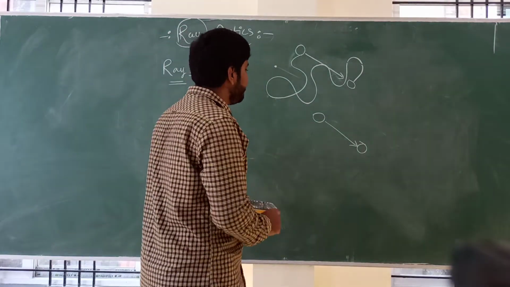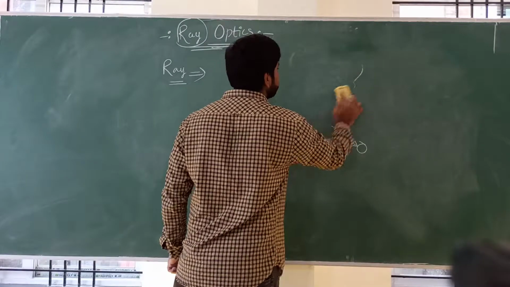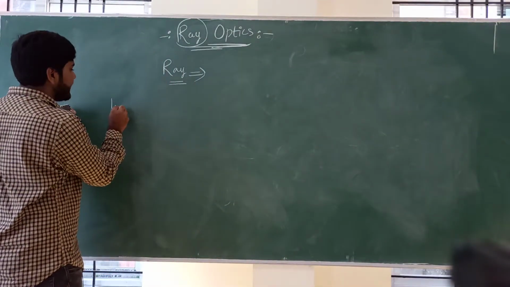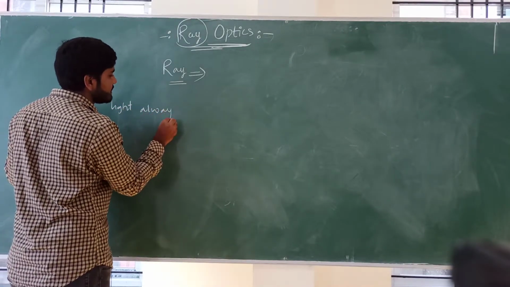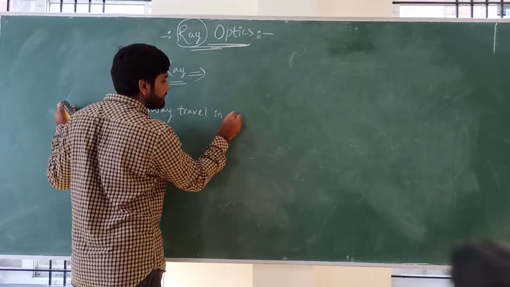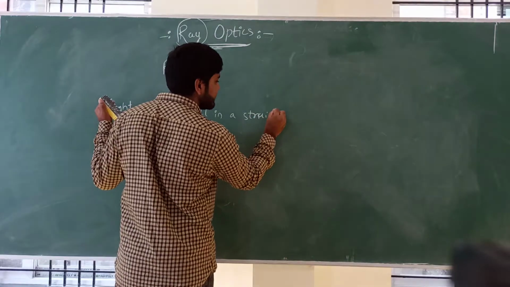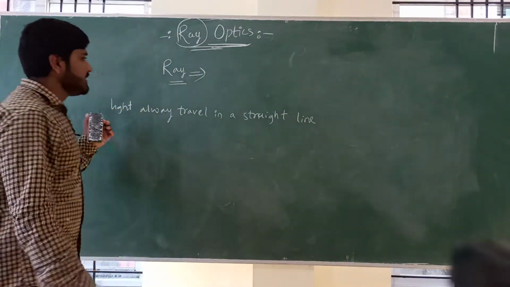So therefore we know light always travels in a straight line.